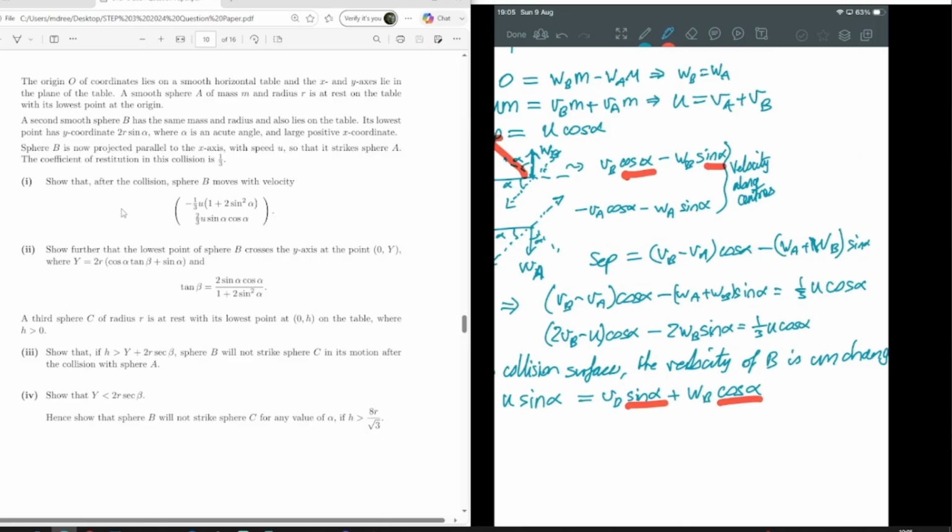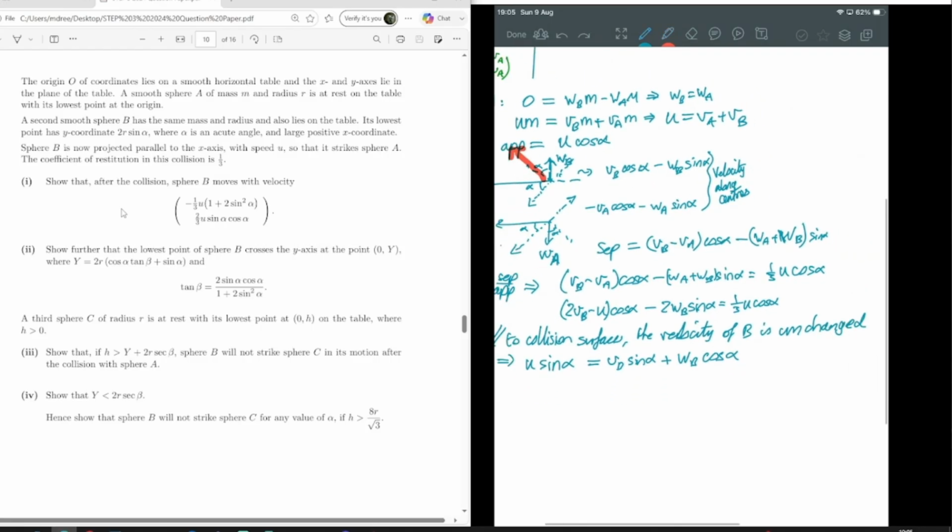You have to be careful with the signs though. Okay, so now we have our two simultaneous equations for VB and WB, both of which are really quite awkward.